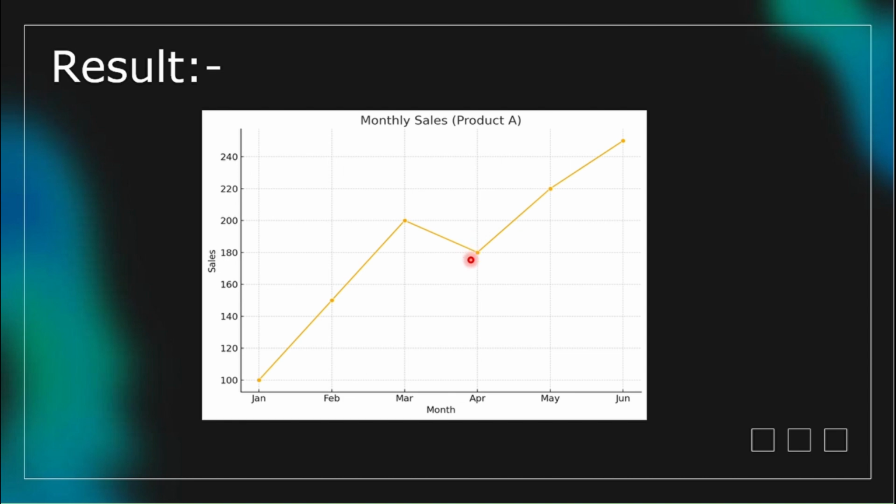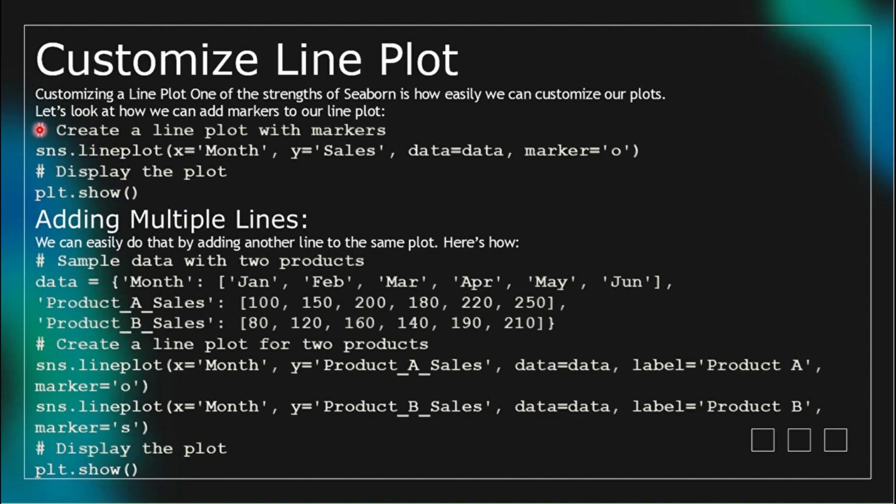So, now we are going to learn how to customize a line plot. One of the strengths of Seaborn is how easily we can customize our plots. For instance, if you want to make the data points more prominent, you can add markers to the plot. If you have multiple lines to compare, you can add another set of data to the same plot.